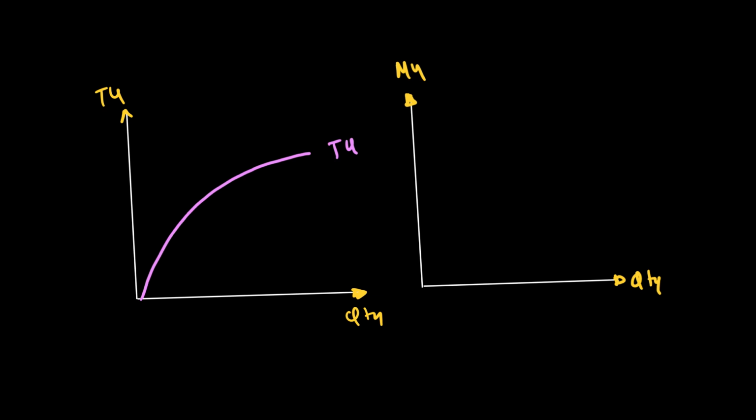So let's say when I consume the first cup, my total satisfaction is, let's say, 15. When I consume 2 cups, my total satisfaction goes to, let's say, 25. For the third cup, my total satisfaction goes to, for example, 30.